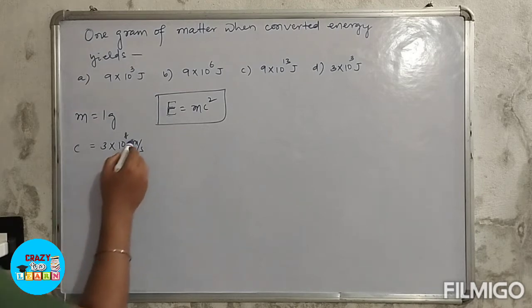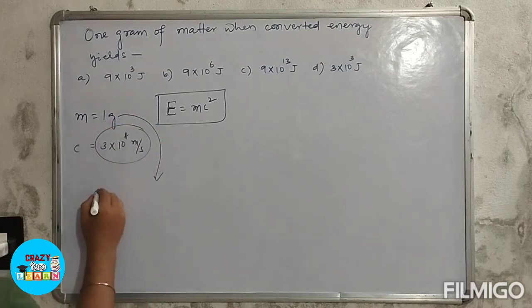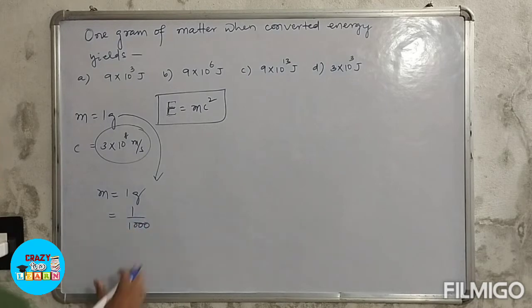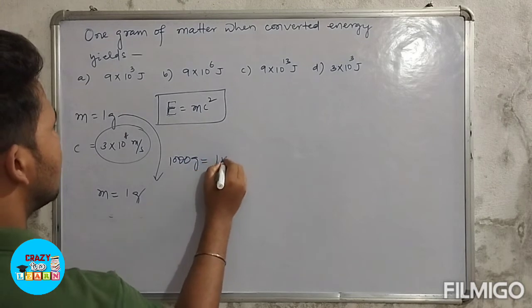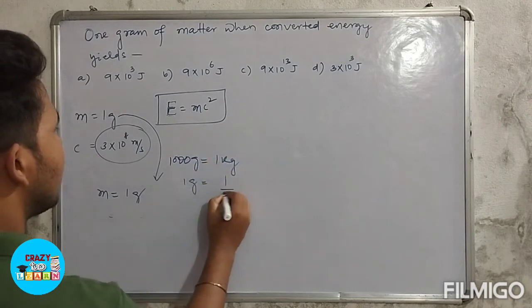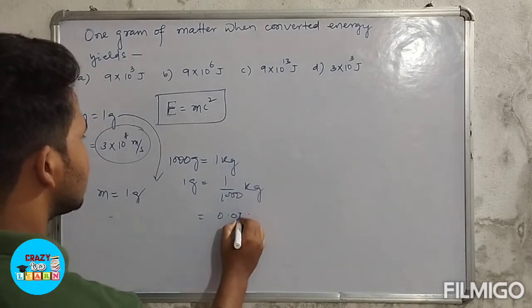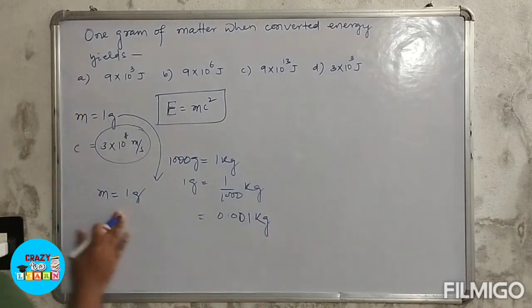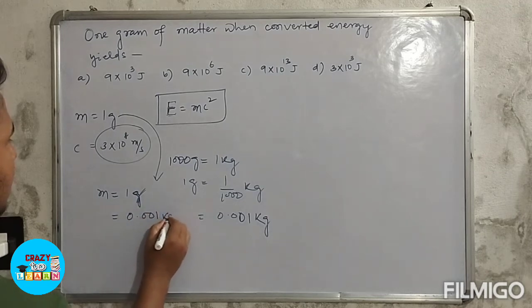As this is given in meter per second, you have to convert the mass. Mass is given as 1 gram, so convert it from gram to kilogram. 1000 gram is equal to 1 kg, so 1 gram is equal to 1 by 1000 kg, which is 0.001 kg.